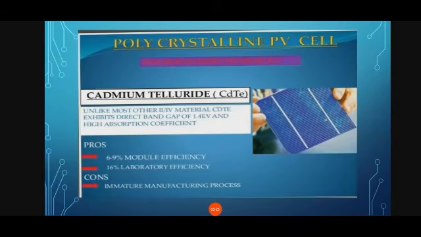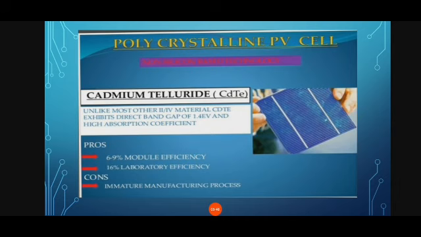In polycrystalline PV cells, cadmium telluride is the main element used. Unlike most other materials, CdTe exhibits a direct band gap of 1.4 eV and high absorption coefficients.